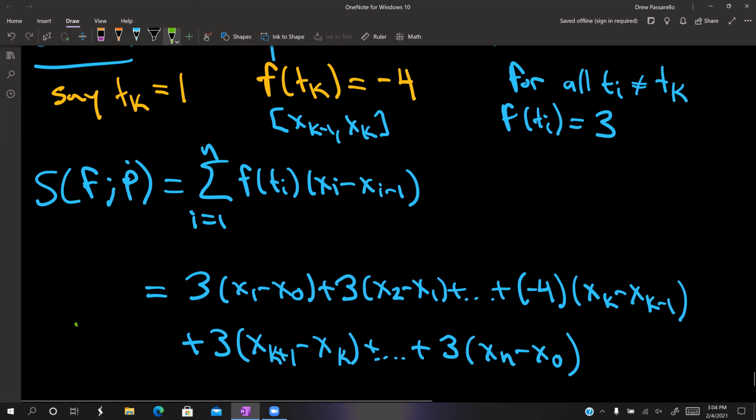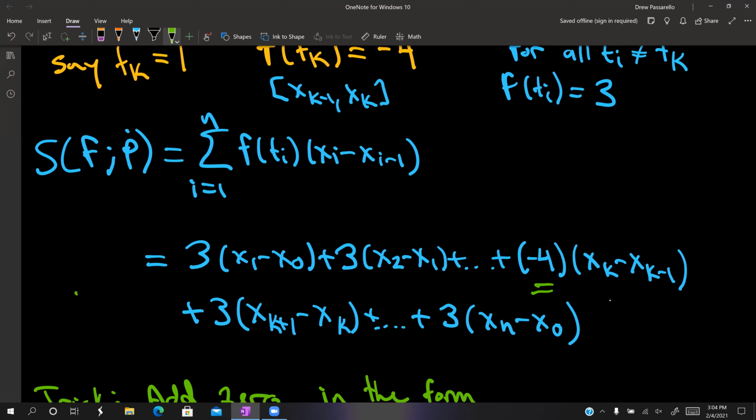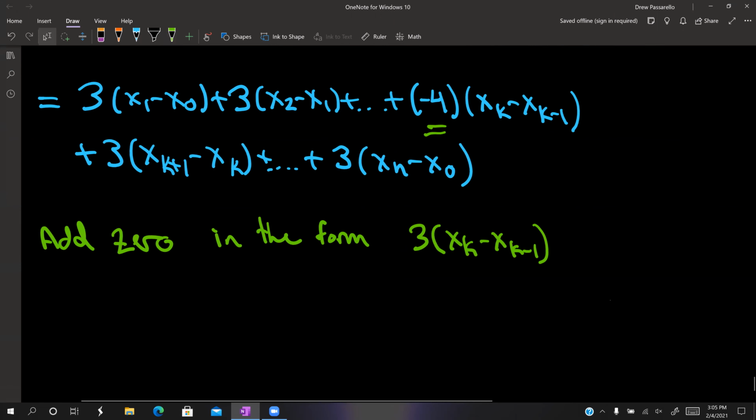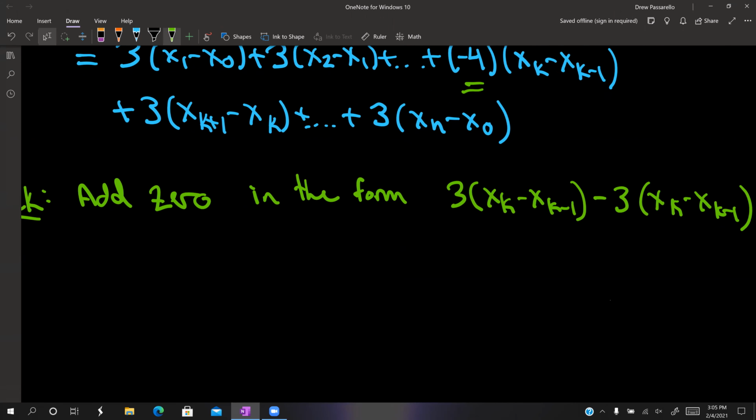Well, it would be convenient if this value, -4, was a 3. So I'm going to add 0 in the form of 3 times xk minus xk minus 1, but then I have to subtract it. So then minus 3 times xk minus xk minus 1. And now I can find our sum by adding 0 like this.